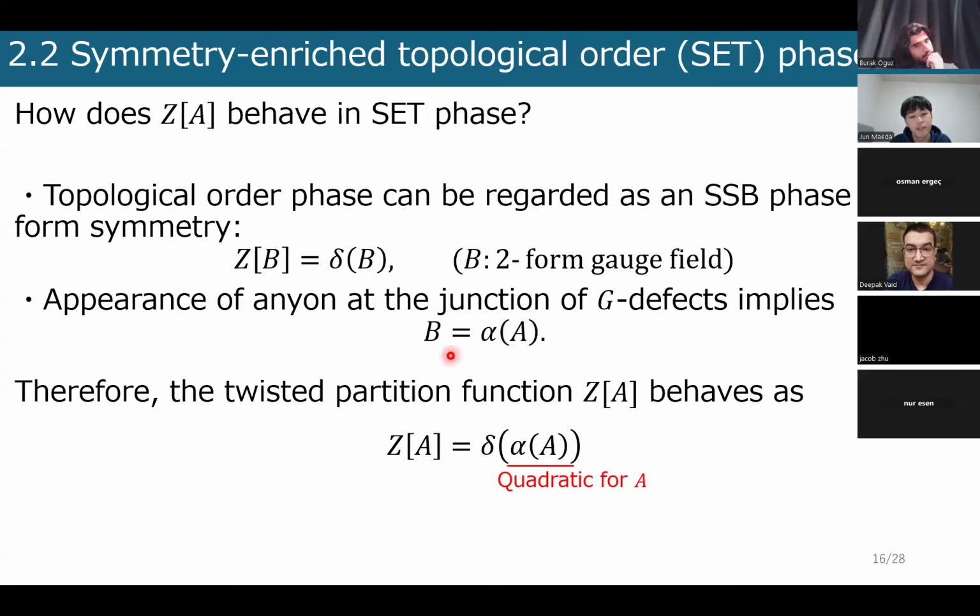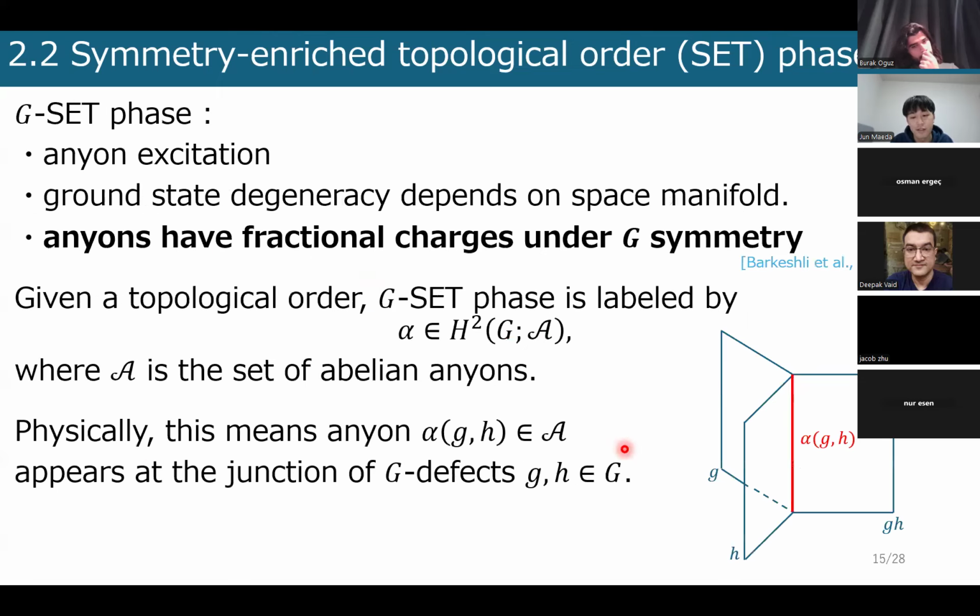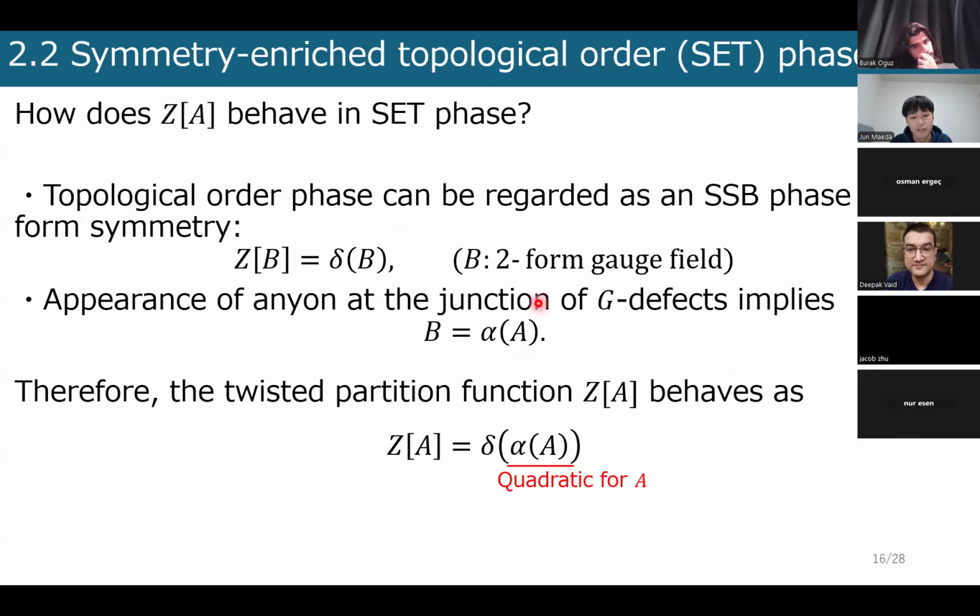B is a gauge field for one-form symmetry, and symmetry defects are anyons. So the data is equivalent to the position of anyons. An anyon appearing at the junction of G defects means such a relation.